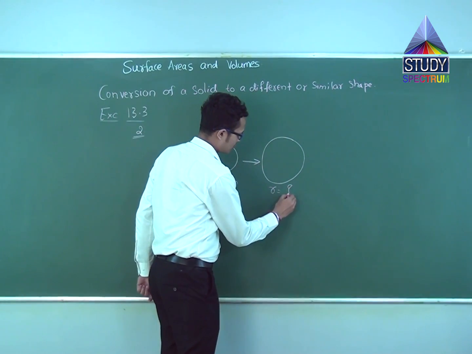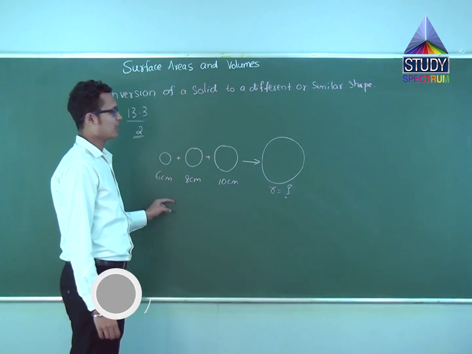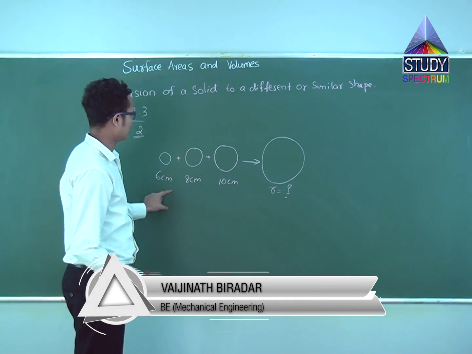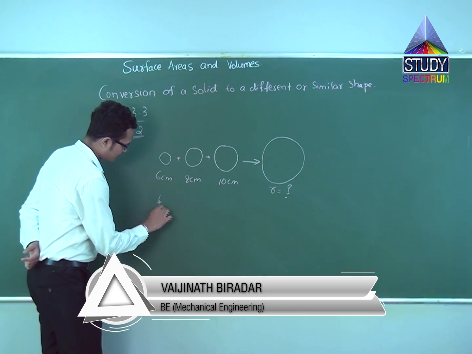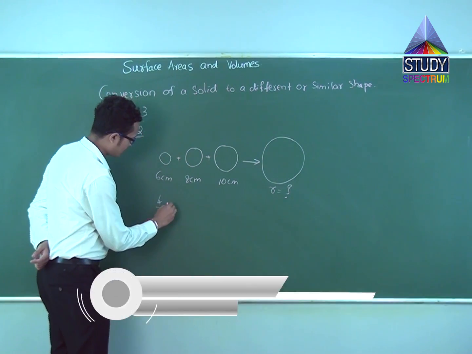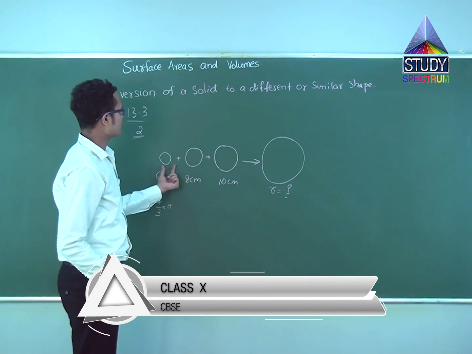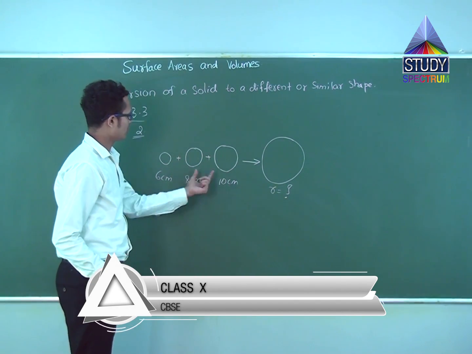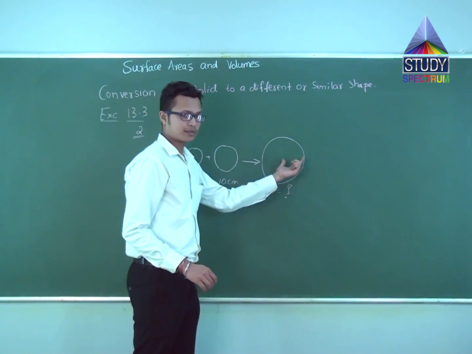Again, from the law of conservation of volume, assuming that there is no loss in the material, the volume of a sphere is 4 by 3 pi r cube. Why am I adding the volumes of these individual small spheres? Because when I add their volumes, I get the volume of the large sphere.